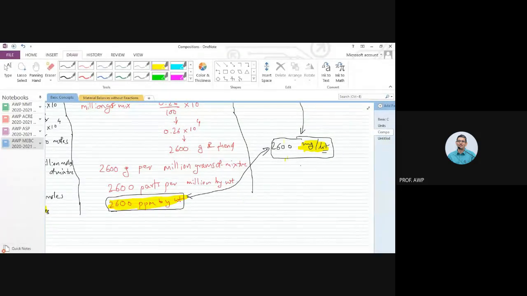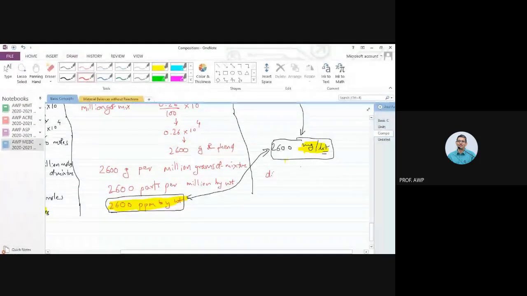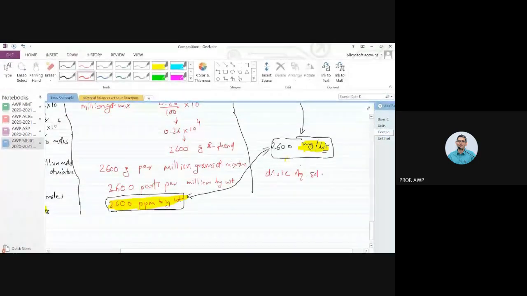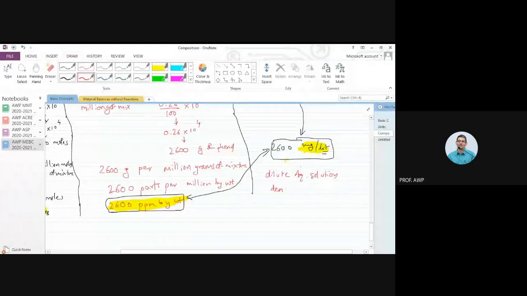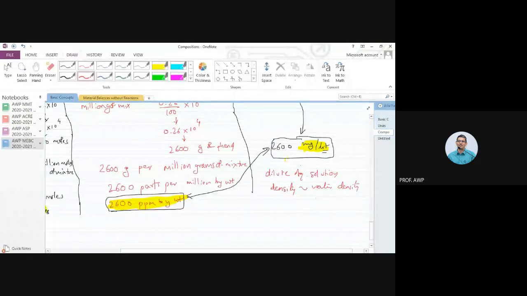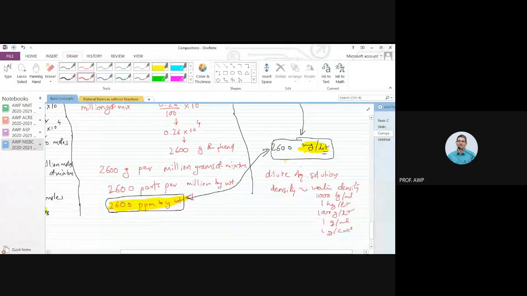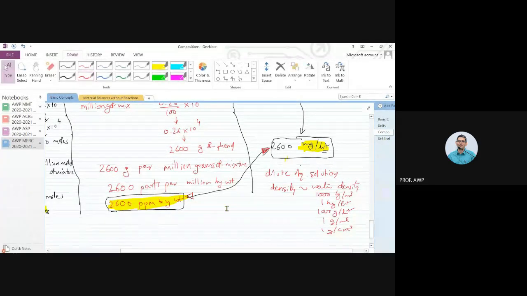So if it's a dilute aqueous solution, density is nearly that of water, which is 1000 kgs per meter cube or 1 kg per liter, 1000 gram per liter, whatever your favorite units, 1 gram per ml, 1 gram per cc. Then ppm by weight and milligrams per liter, they are the same. Okay.